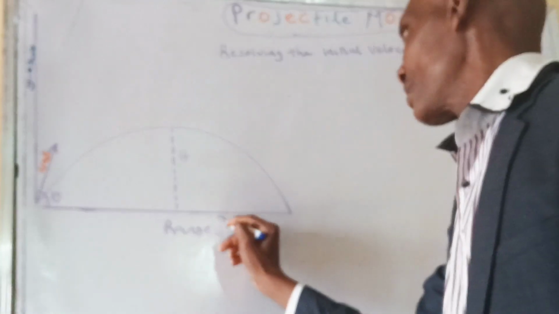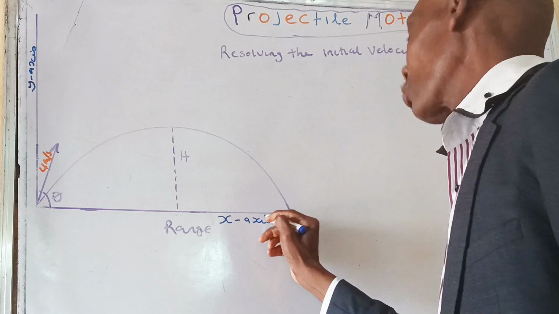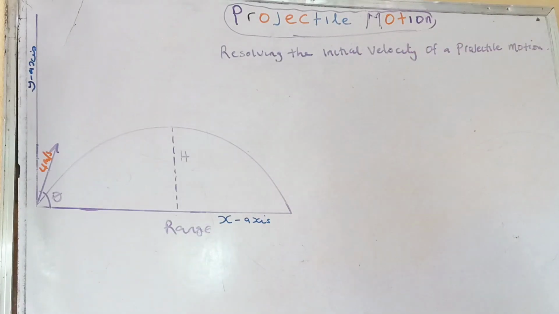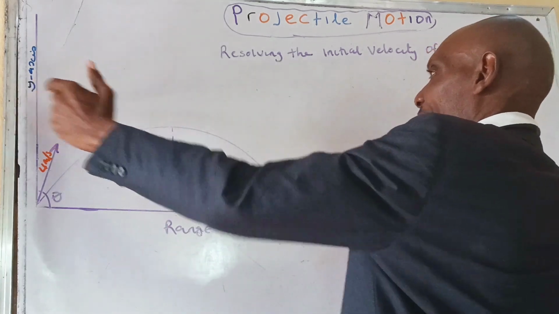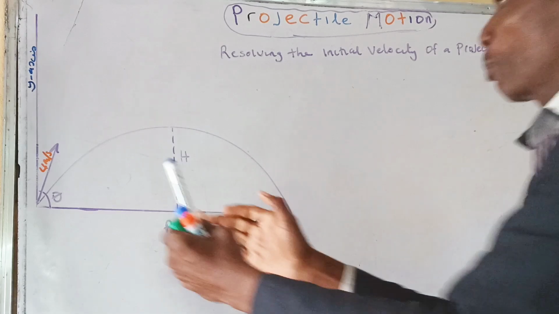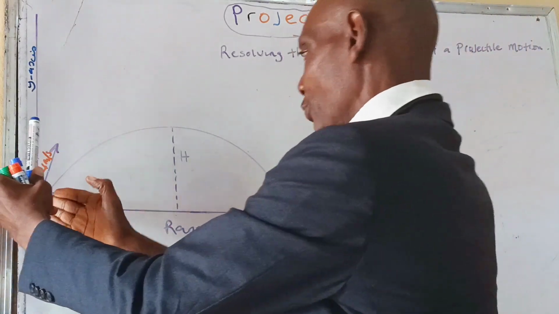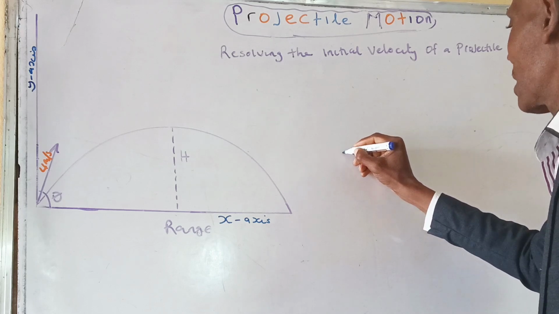That's the x-axis. So the horizontal component of the initial velocity will carry ux, and then the vertical component will carry uy. Now, if we just bring out the initial velocity, you will agree with me that we'll have something like this.